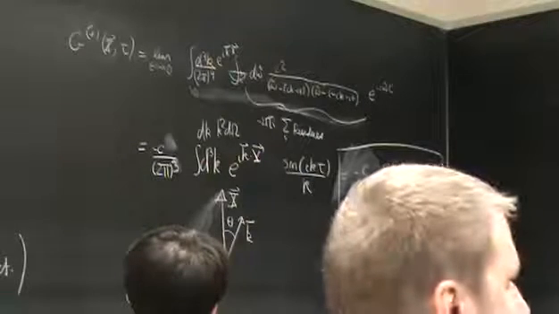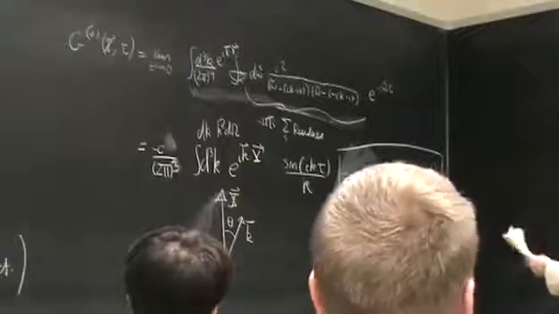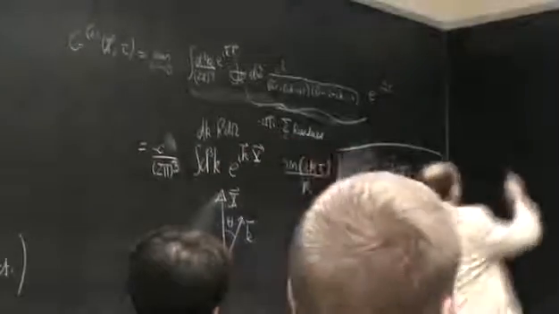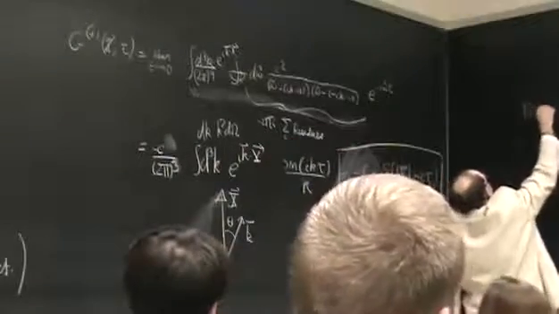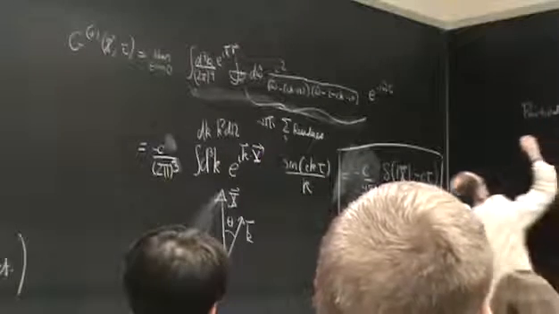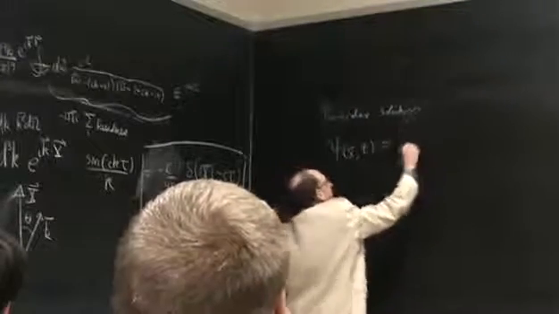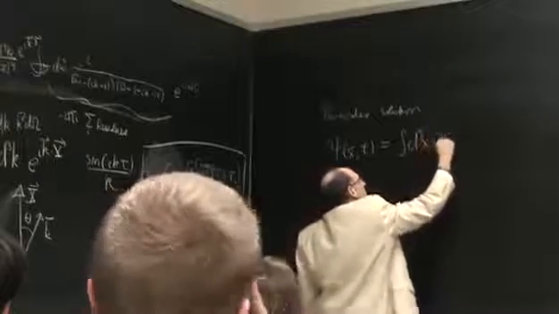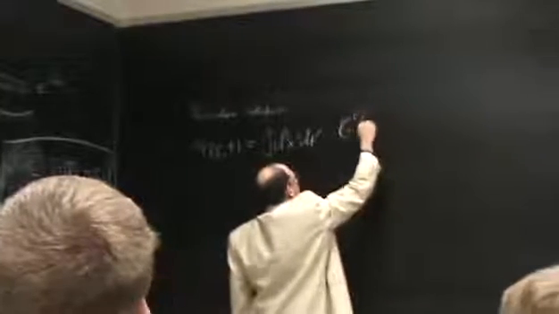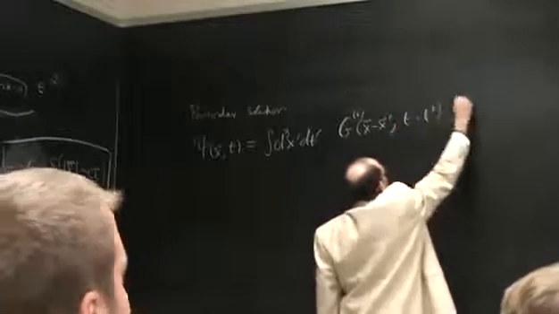All right, so what does this then tell us? Well, as we said, the particular solution to the wave equation is given by the convolution of the Green's function, in this case the retarded Green's function, with the source.